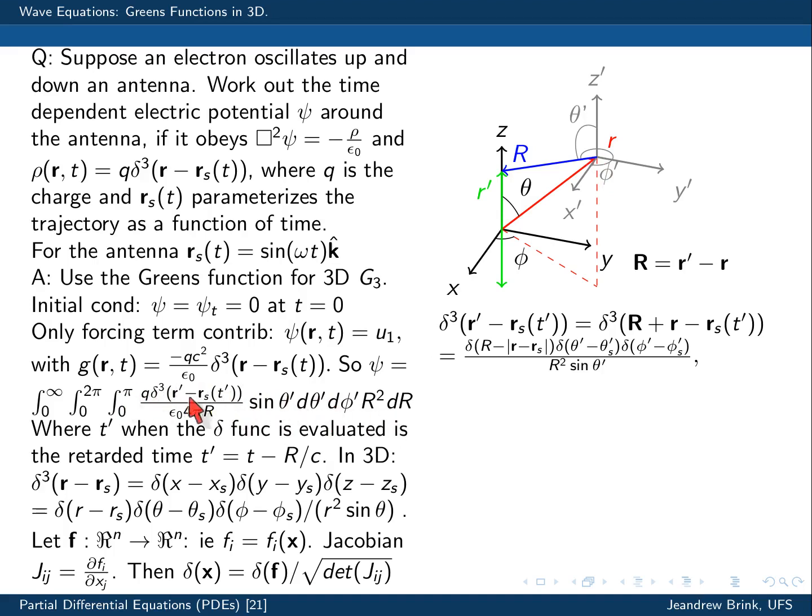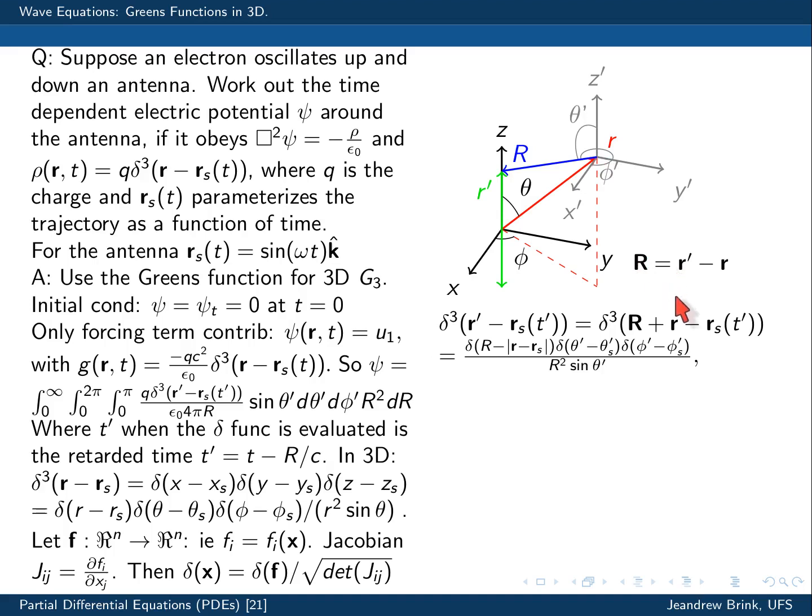This integral is integrating using the primed coordinate system, and what we want to integrate is this delta function of r prime minus rs. In the new coordinate system we can write r prime as basically r, which is a vector in this prime coordinate system, plus r, which for the purposes of the integral we consider to be constant.